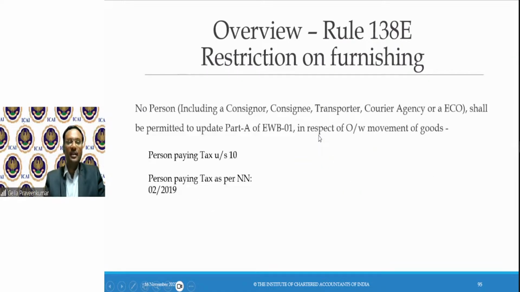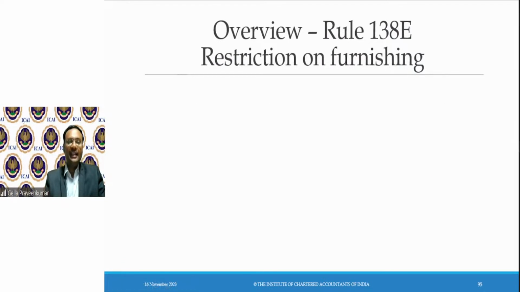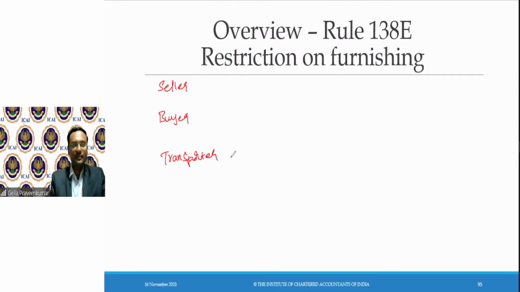Now, 138E, restriction on furnishing of e-way bill. I'll give an example this way. Seller, buyer, transporter. The seller is a regular taxpayer. There is no default.